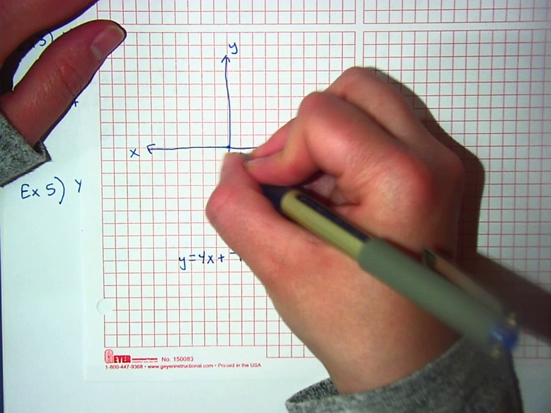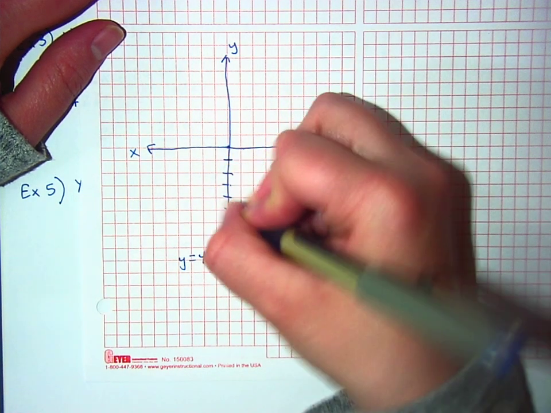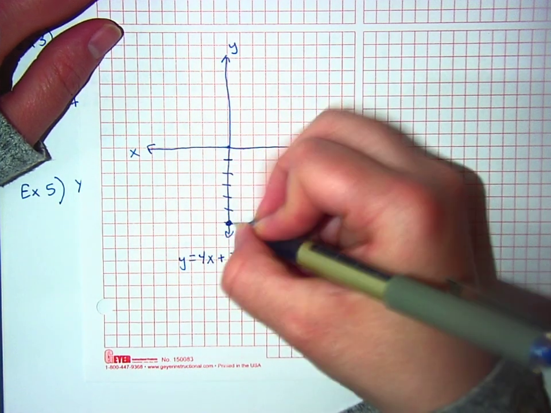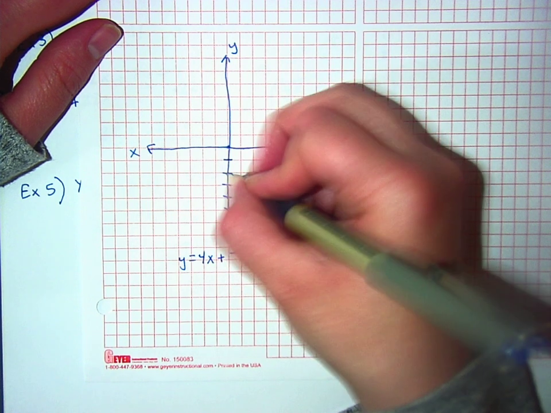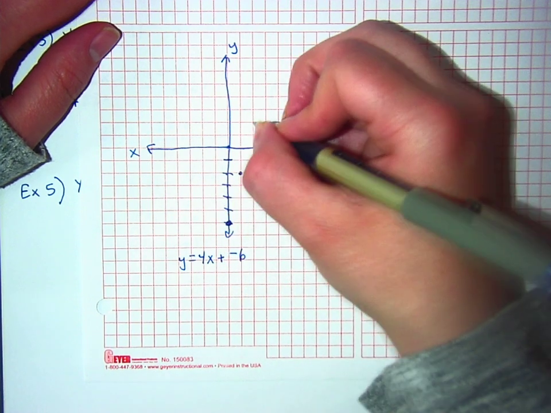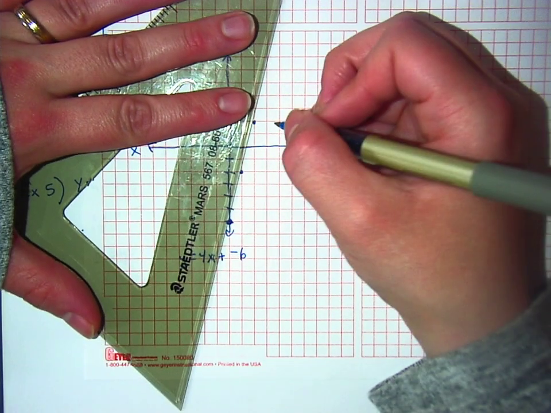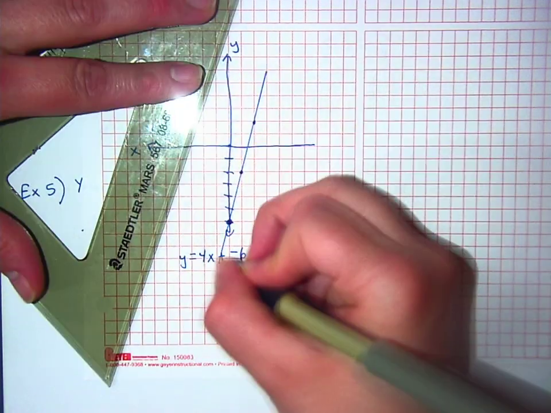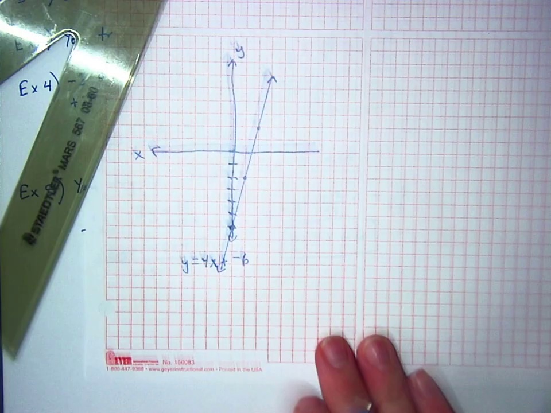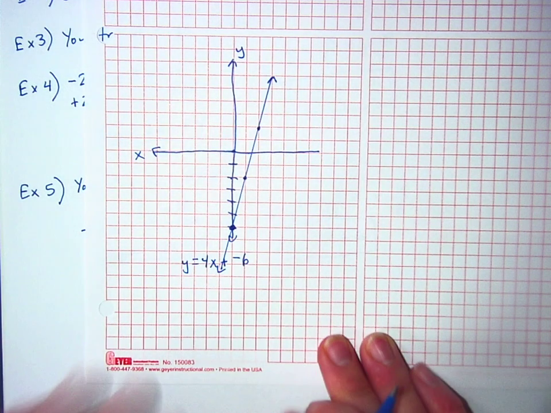Okay, so I'm going to start with the y-intercept, 1, 2, 3, 4, 5, 6. And then go up 4, 1, 2, 3, 4, and over 1. Up 4 over 1, stabby triangle. Here you go. Not too bad.